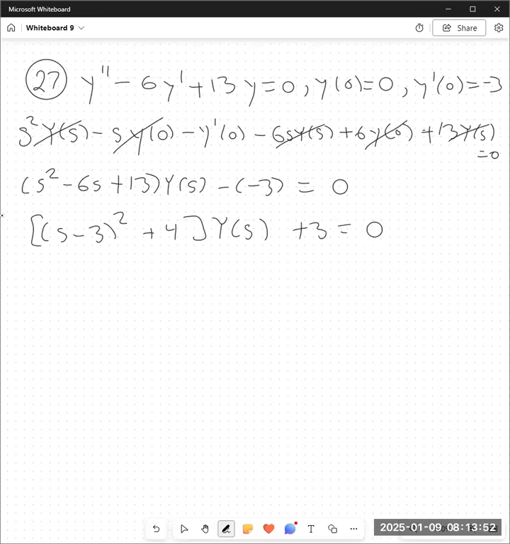So that is (s - 3)² + 4, and Y(s) is equal to a -3.